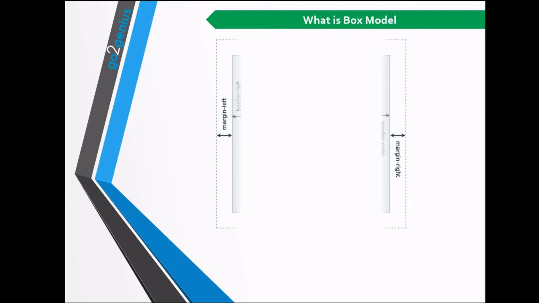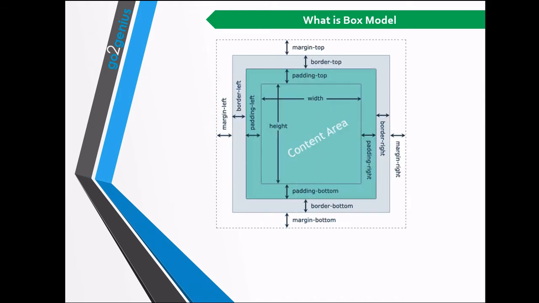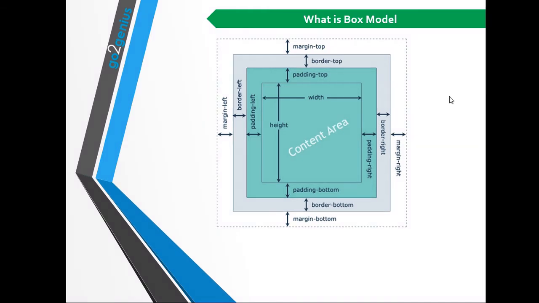The following diagram demonstrates how the width, height, padding, border and margin CSS properties determine how much space an element can take on a web page. The actual concept of the box model is to calculate the width and height of an element that is occupied by the element on the web page.